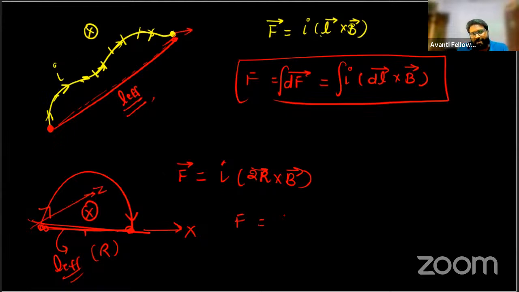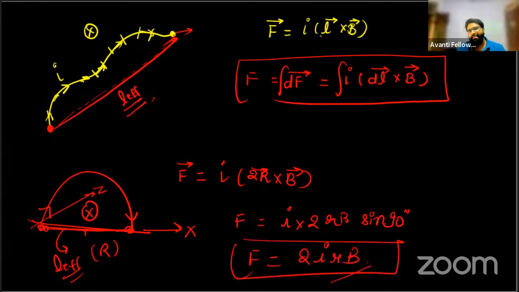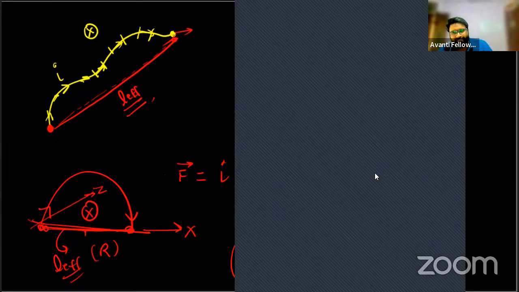So force will become I into 2rB sin 90. So force will become 2IrB. Clear? Any kind of doubt? Yes or no? Any kind of doubt, guys?